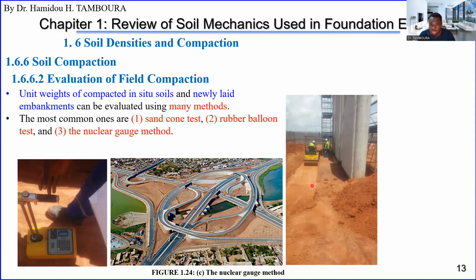This water can enter here. It will not be good for your foundation. Okay, so the soil around this foundation needed to be compacted very well. As you can see, it's a very huge project, a very expensive project.